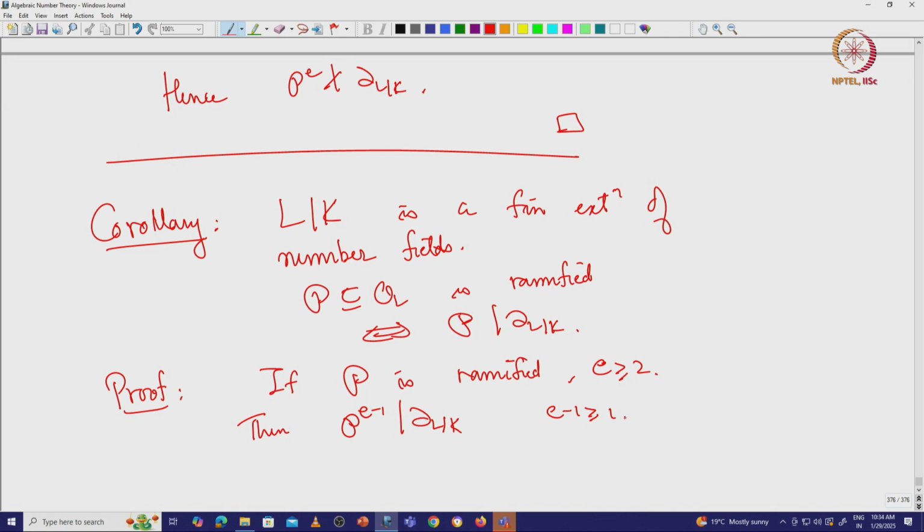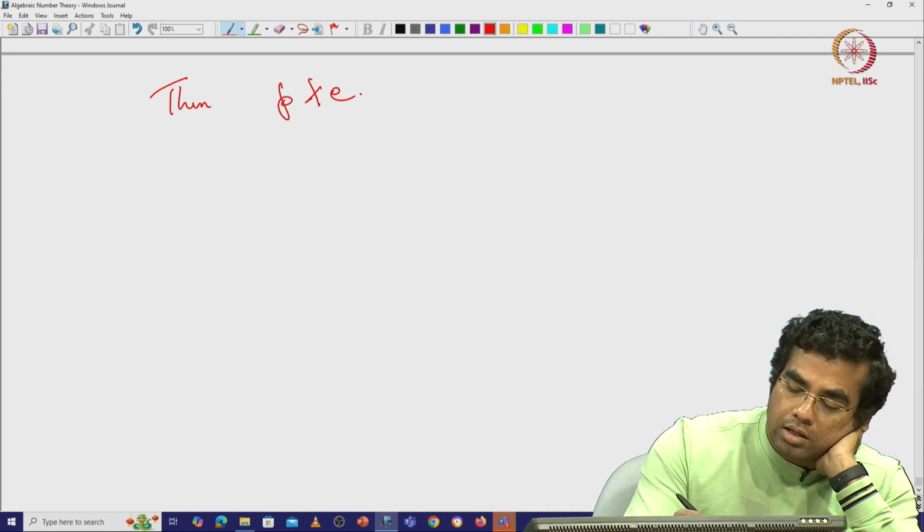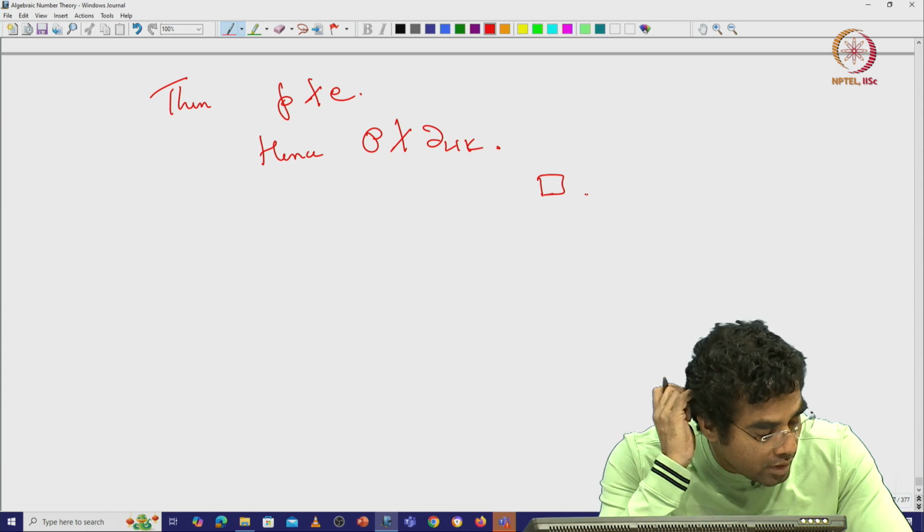Okay, so that's one way. Conversely, if P is unramified, e is equal to 1, then p does not divide e, hence P to the e, which is just P, does not divide d_{L/K}. So we proved this corollary as well.